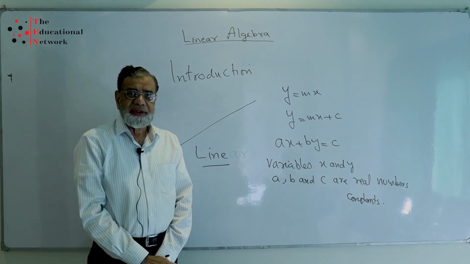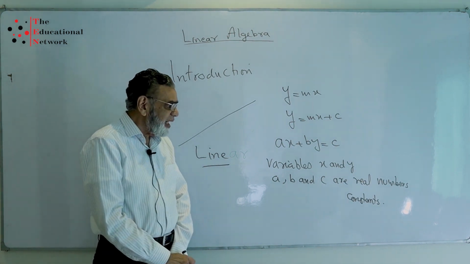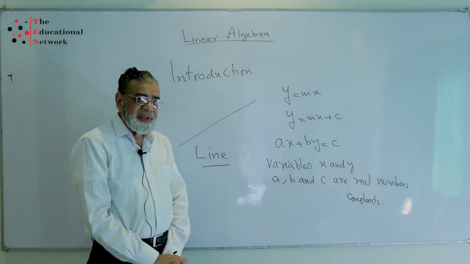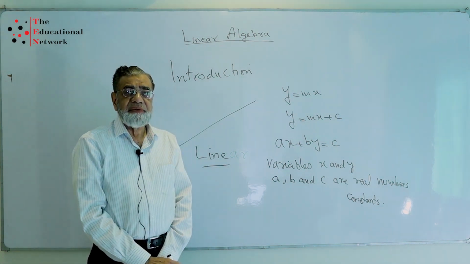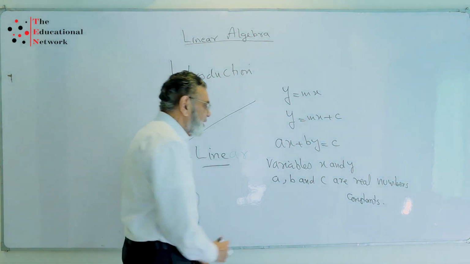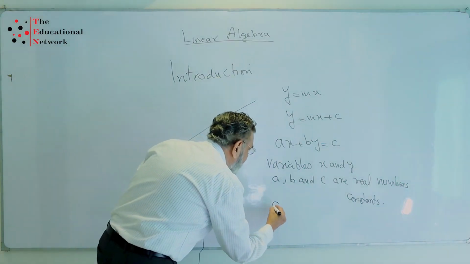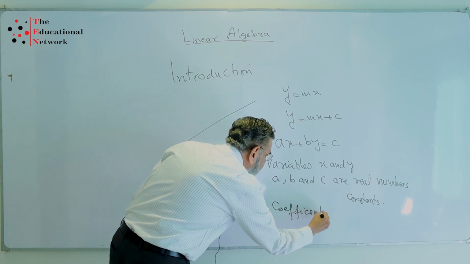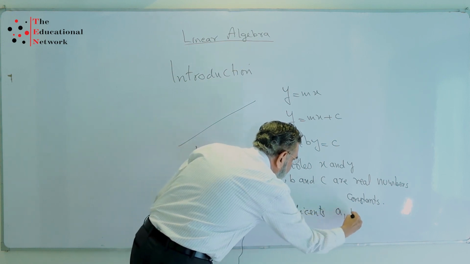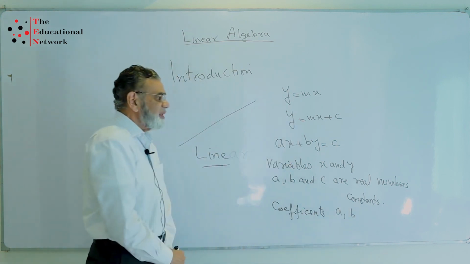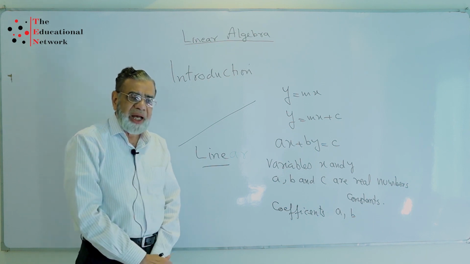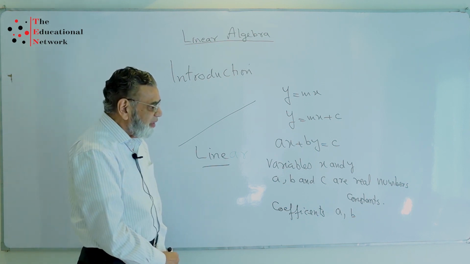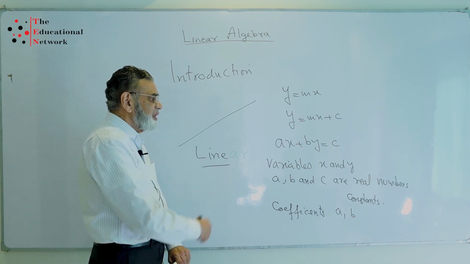We can mark the difference because they are all real constants, but a and b are coming with the variables. When they are coming with the variables, we say these are coefficients. A and b are coefficients, whereas c is a simple constant. In this way, I have introduced the equation of a line, and this is my equation in linear algebra.